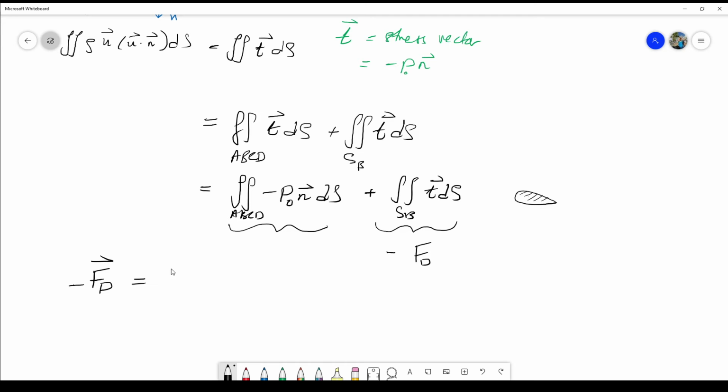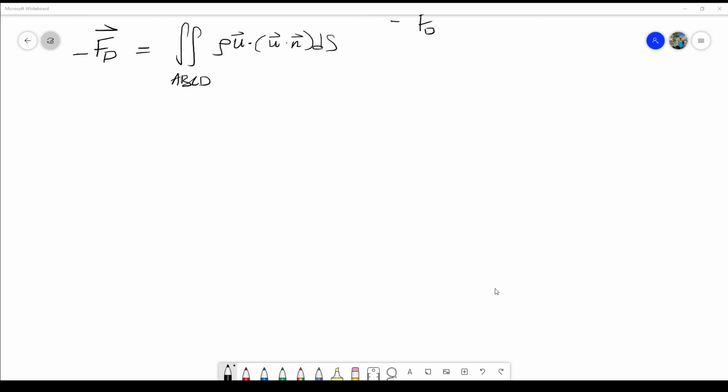which is equal to the integration of u rho multiplied by u dot n dS, which we have to integrate over the control surfaces.